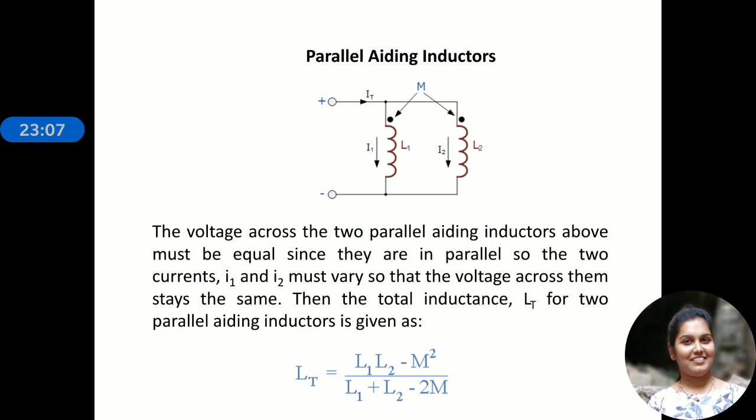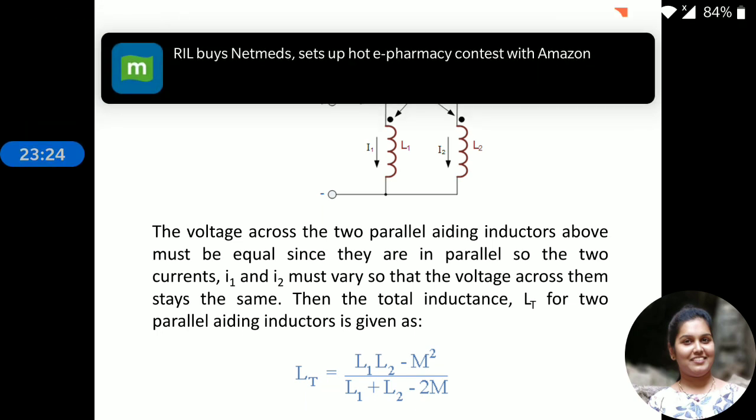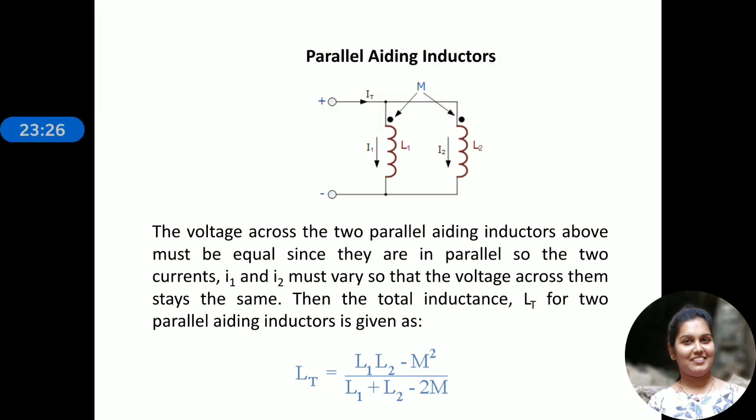Here you see two dots for L1 and L2, right? So that is indicating the starting points. Okay, so the starting points of the inductors are connected to one terminal and the ending points are connected to the other terminal. Then we call this kind of connection parallel aiding.